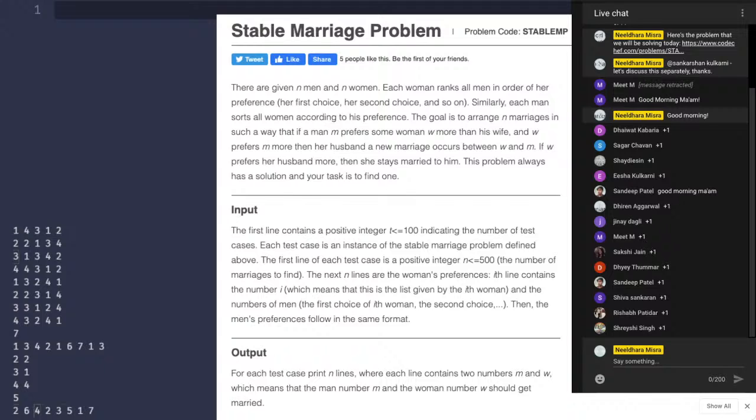These are complete rankings, which is to say that a woman ranks every man, even if she does not like somebody at all, they still feature somewhere in the ranking. So these are not partial rankings. And this happens for the men as well. All men rank all the women in order of preference. And another thing to keep in mind is that these are strict preferences, so there are no ties.